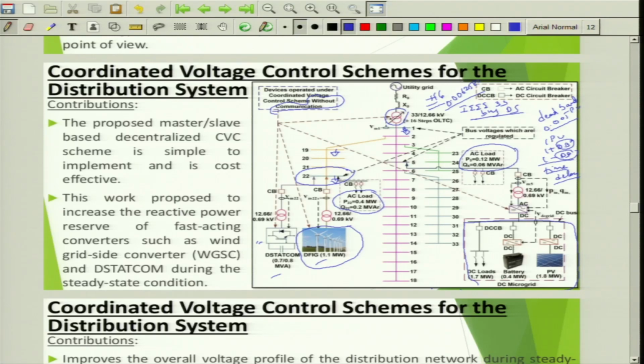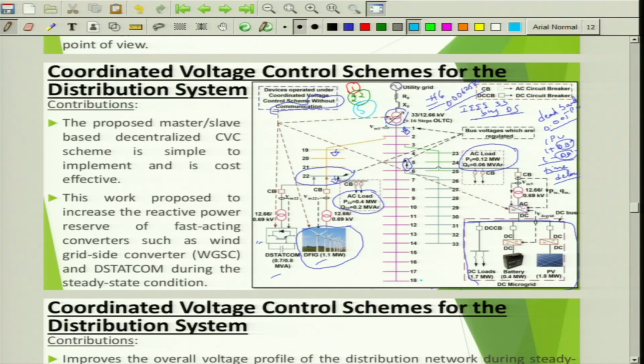The bus number 5 voltage can be controlled through the inverter associated with the DC microgrid. So we have 3 buses under direct control from the voltage regulating devices: bus number 1, bus number 22 and bus number 5.